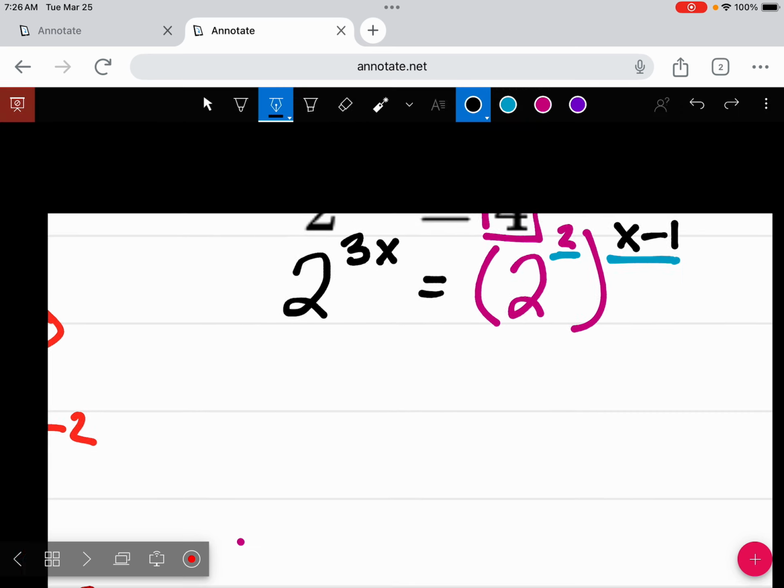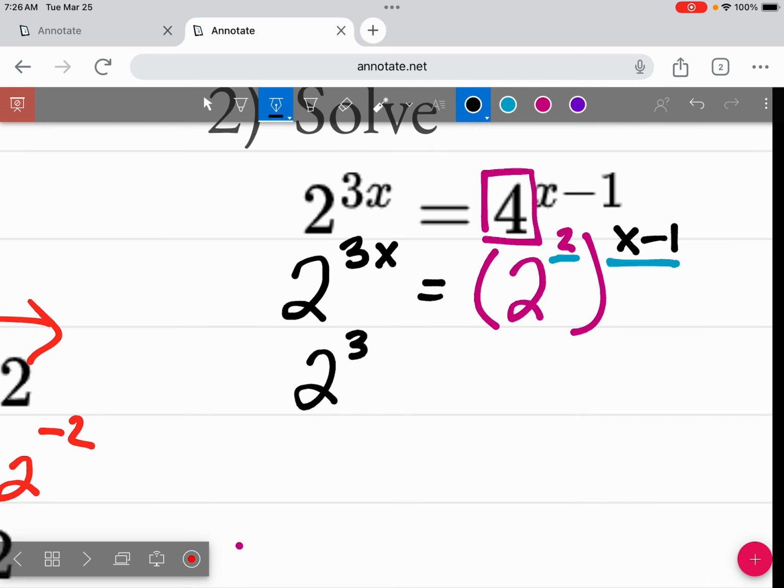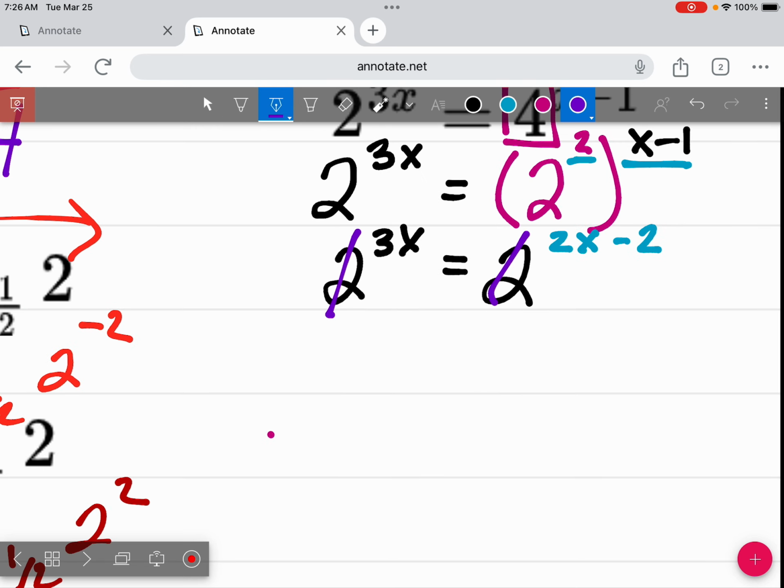Because if I do that, we're going to have our 2 to the 3x equals 2 to the 2x minus 2. But now I don't have any parentheses, and we can go, hey, wait a second, those bases are the same, so I can ignore them. I just need to know when these exponents equal each other, when these powers are the same. When does 3x equal 2x minus 2?